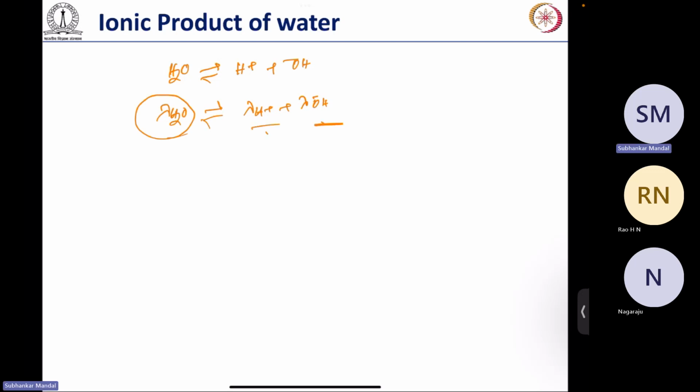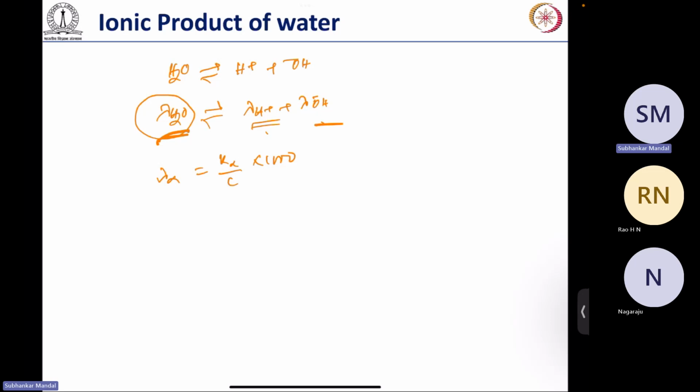Okay, so this equivalent conductance at infinite dilution for water, we used to write K alpha C into 100,000. If you know the conductivity of the H plus and OH minus, then you can get to know the conductivity of the water.